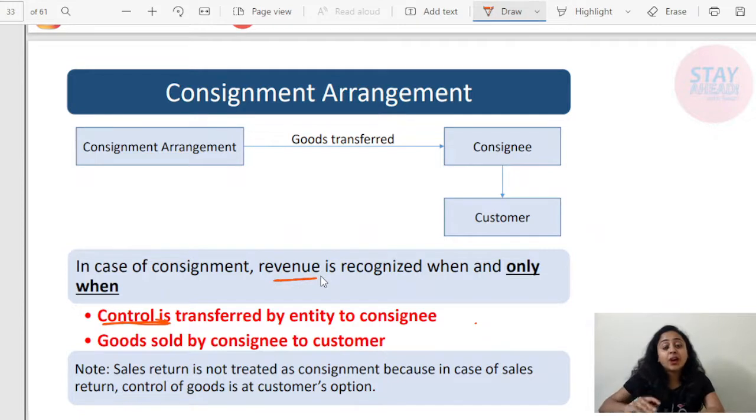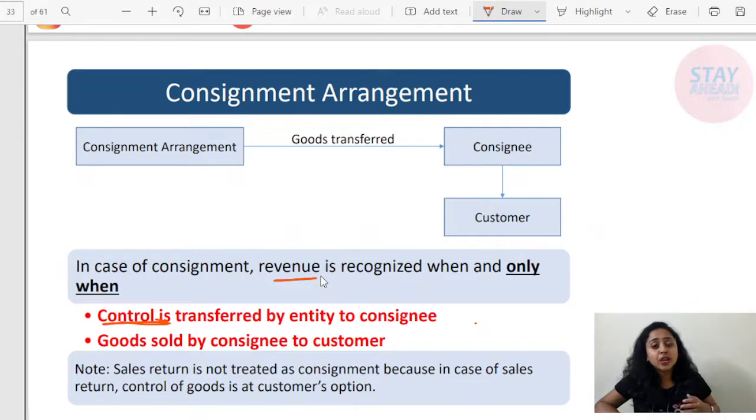If the control is still possessed by the consignor itself, then such transfer will not amount to recognition of revenue. It will record revenue only when it is finally transferred either to the customer or to the consignee, with whole control transferred.